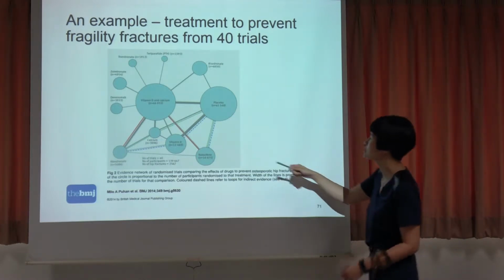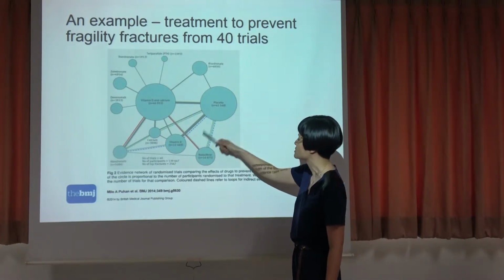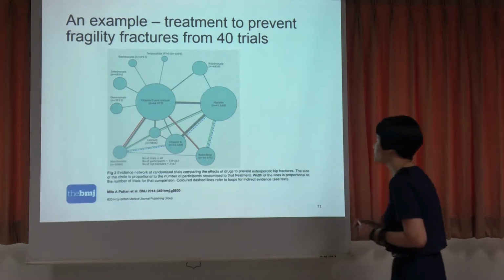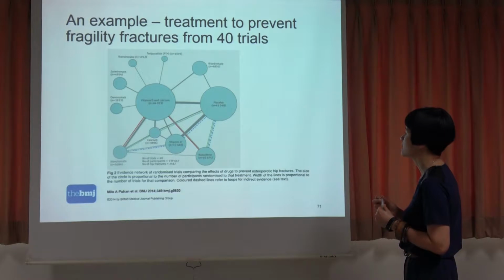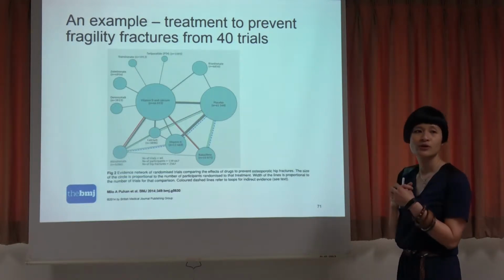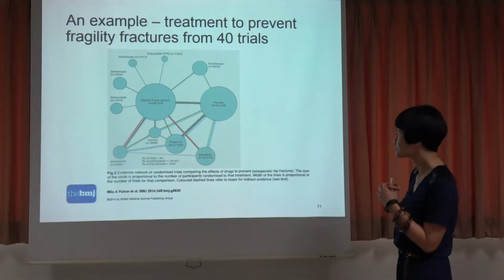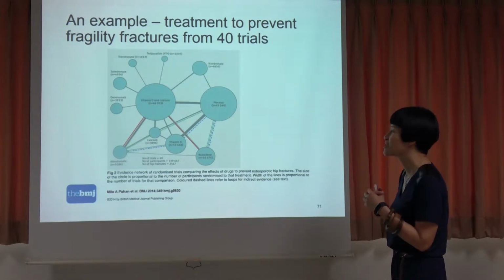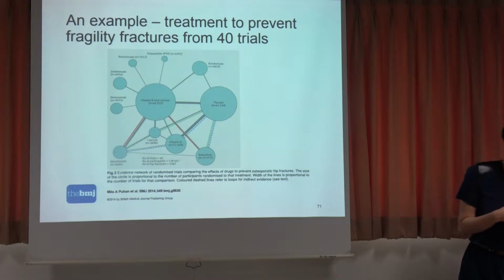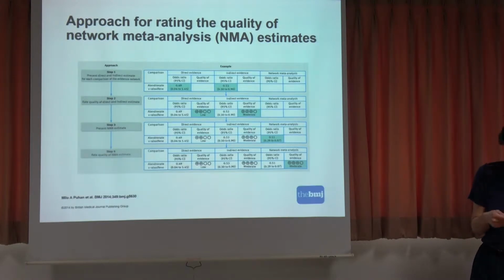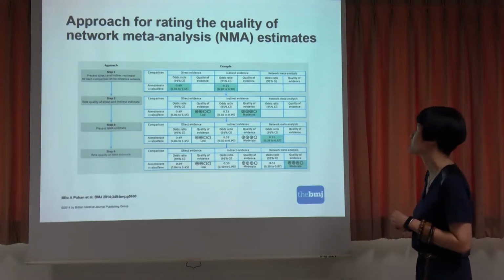So they use solid lines for head-to-head evidence and dotted lines for referring to the loops for indirect evidence to try and help you visualize the relationship. But it gets really complex if your network is quite big. So it's just things that we're beginning to see in network analysis.